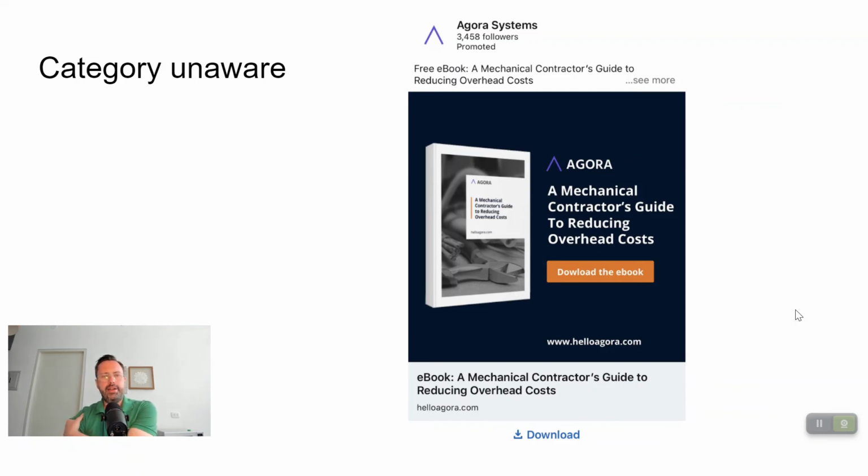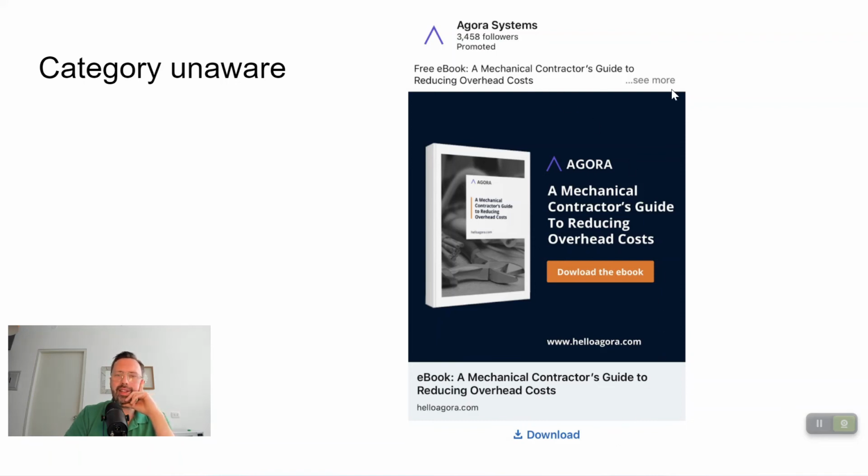Another ad for people that are category unaware is for a medical contractor's guide to reducing overhead costs. So here, very tailored to the audience. I love that. I love the specific context. Download the ebook, not necessarily something that needs to be gated. It could just be a link to a PDF on your website. It could just be a link to a page on your website, and then you could retarget them.